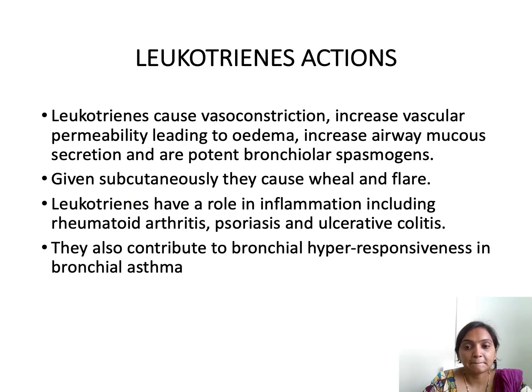The actions of leukotrienes are important because they cause vasoconstriction. They increase vascular permeability leading to edema. They also increase airway mucus secretion, and they act as potent bronchial spasmogens.